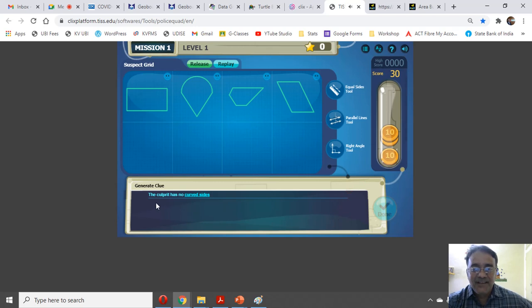Again, the culprit has no curved sides. Which one do you want to release? Second one, sir. Okay. Next clue: the culprit has less than 2 equal pairs of sides. Third one.